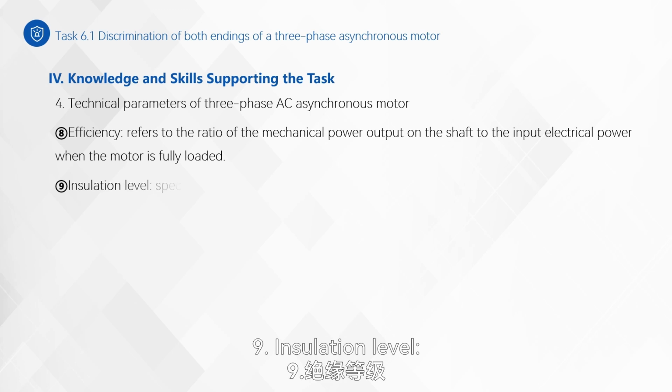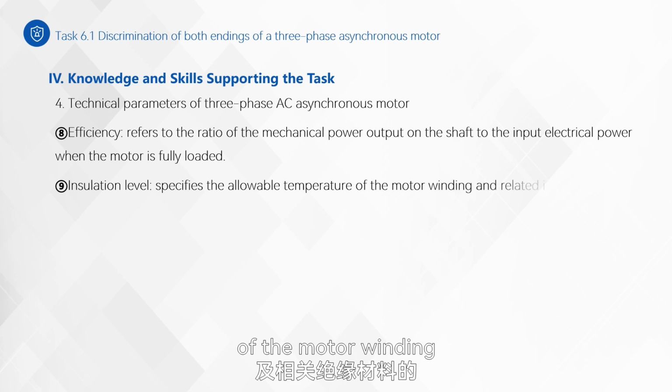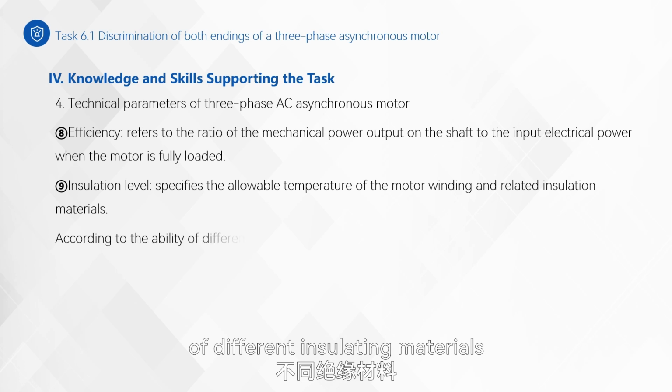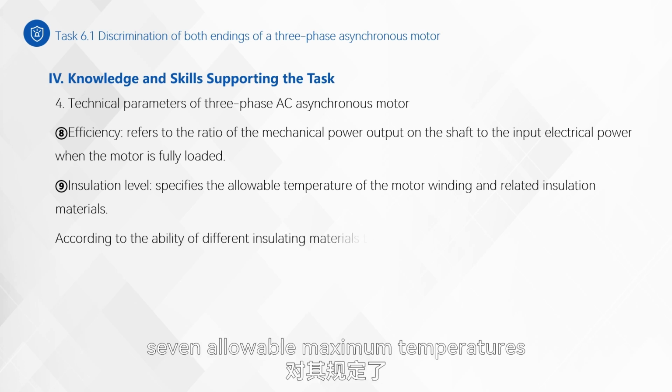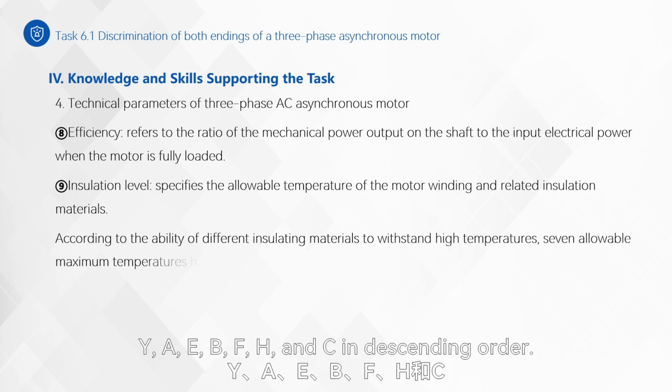9. Insulation level specifies the allowable temperature of the motor winding and related insulation materials. According to the ability of different insulating materials to withstand high temperatures, 7 allowable maximum temperatures have been stipulated, which are arranged in order of temperature, Y, A, E, B, F, H, and C in descending order.